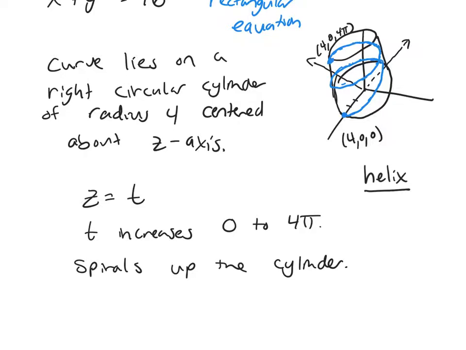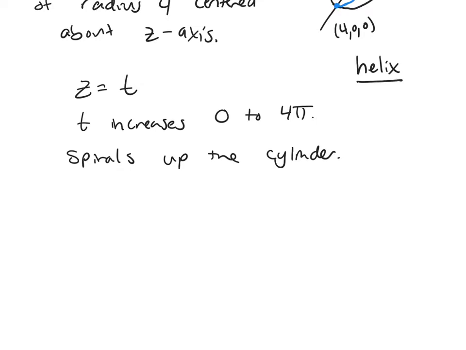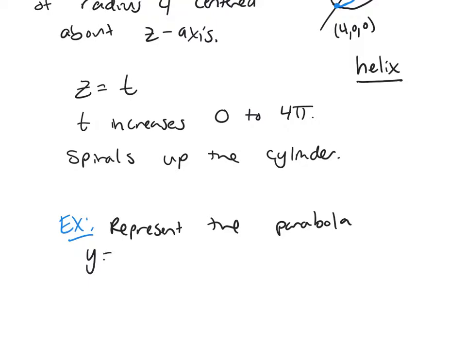So now I want us to look at kind of a different question. In the previous examples, we started with a vector valued function and asked what the curve is. We could flip that and start with an equation, a curve, and ask what a vector valued function for that would look like. So let's represent the parabola y equals x squared plus 1 as a vector valued function.